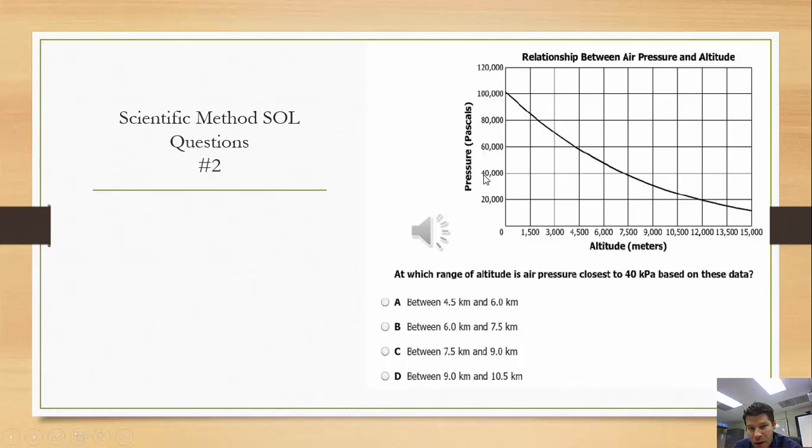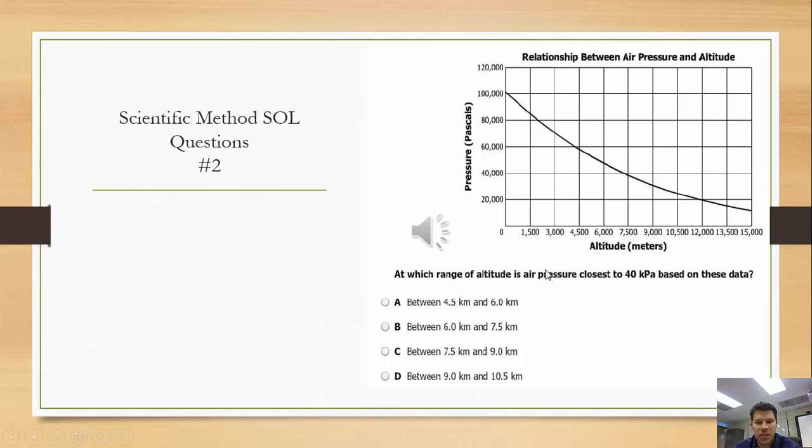If you find on the y-axis 40,000 pascals, which is the same as 40 kilopascals, and you head over, you find out that it's right here. And if you go down to your x-axis, you can see that it's in between 6,000 meters and 7,500 meters.